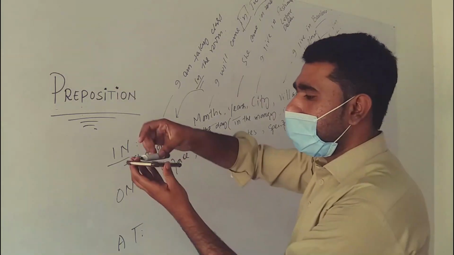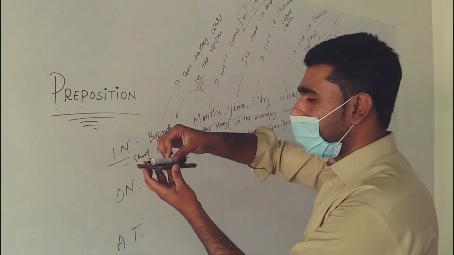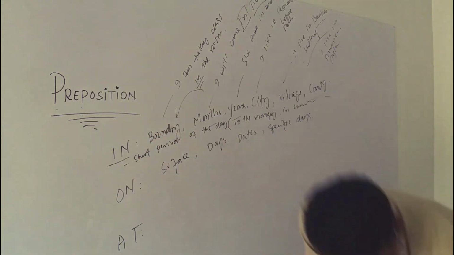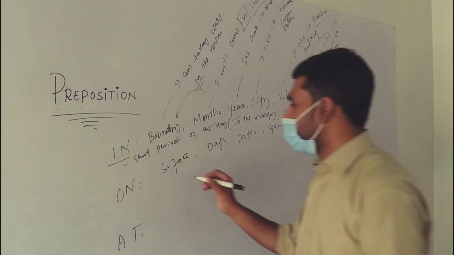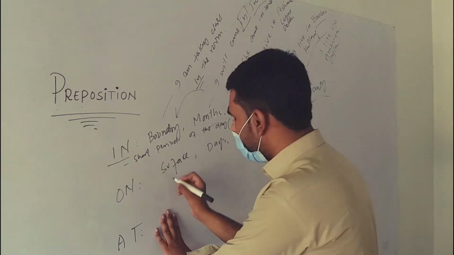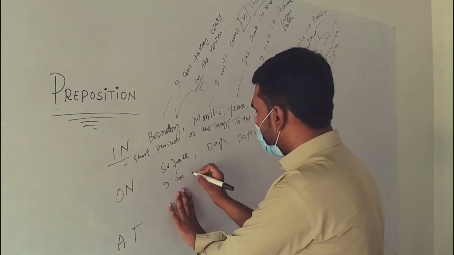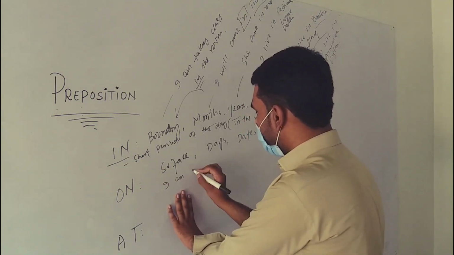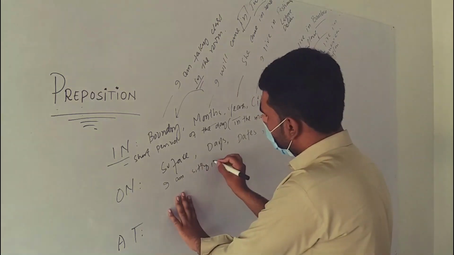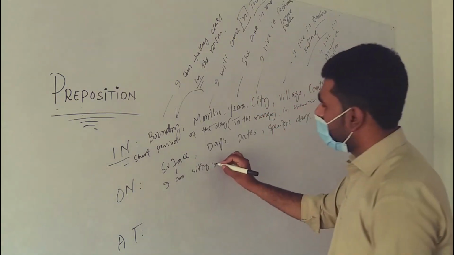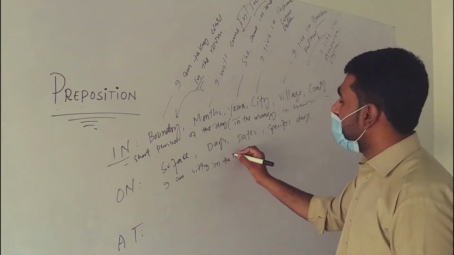For example, the marker is on the mobile. It is on. So when something is on a surface, then we would use on. I am sitting on the chair. Here it is different.